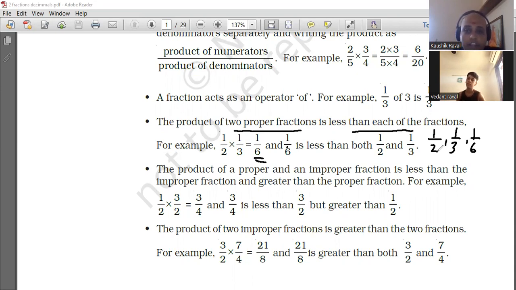So I want you to find out which type of fractions these are called, when all the numerators are 1 and the denominators are different. You will find it in last year's textbook. It is mentioned there.